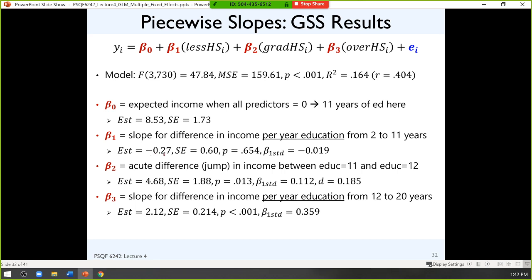It means more education is bad, but it's not significantly different than 0. So the p-value is 0.6. If the true slope were 0, we'd get a slope of this number 60% of the time. That's definitely in expected territory. So that means conceptually, if you have less than an 11th grade education, it doesn't matter how much less. Slope's flat.